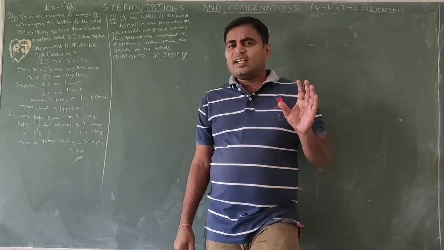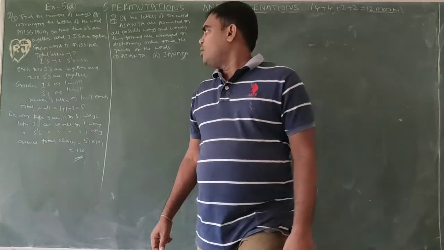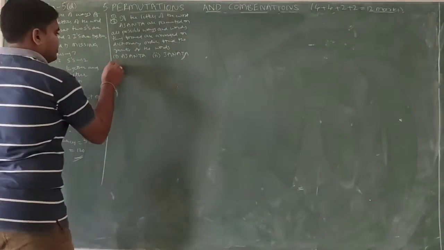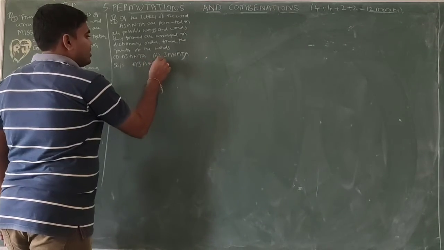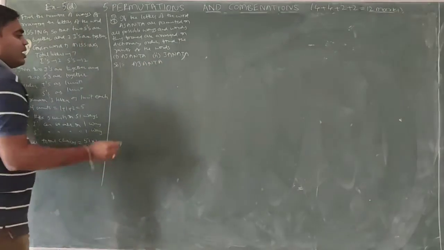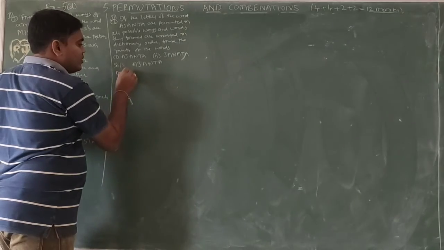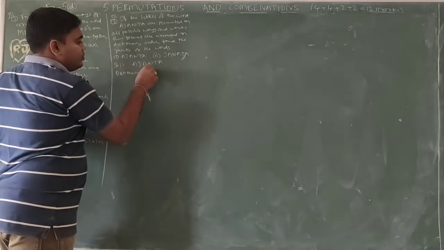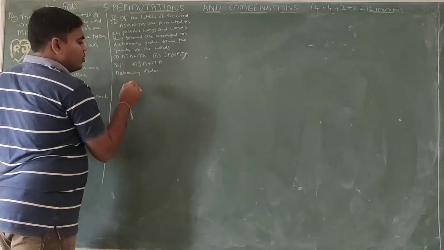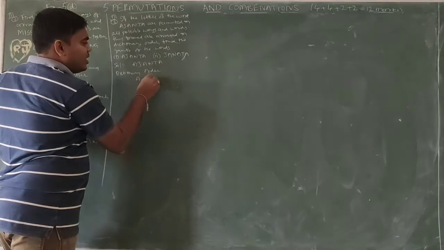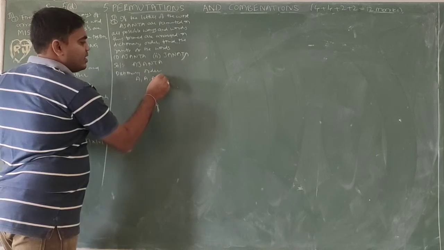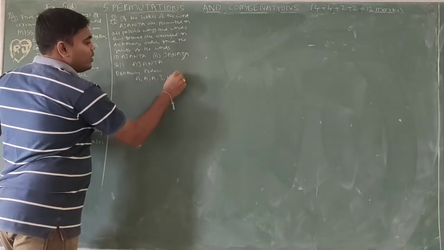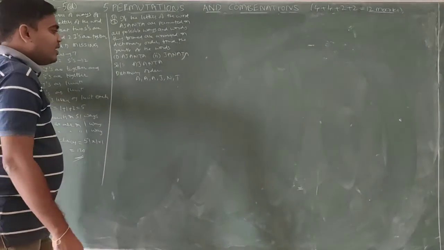Dictionary order means alphabetical order: A, B, C, D, E, F, G, H, I, J, K, L, M, N, O, P, Q, S, T.